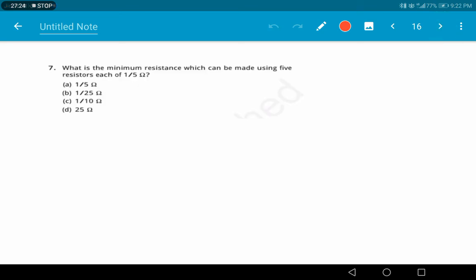So what is the minimum resistance which can be made using 5 resistors each of 1 by 5 ohm? So here I want to say one important point.